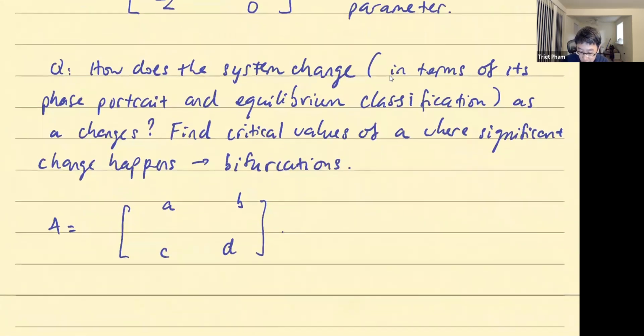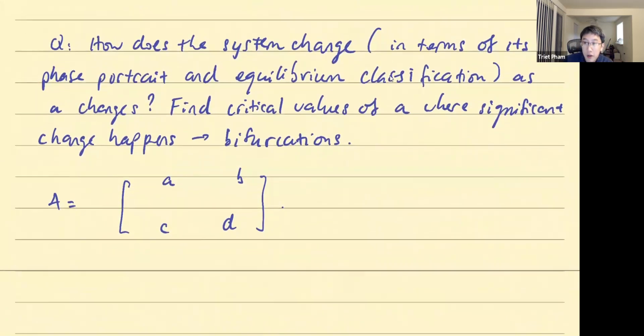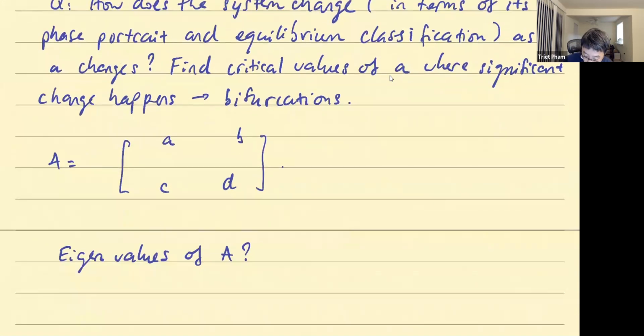So what are the eigenvalues in terms of A, B, C, D? Well, basically, you do A minus lambda times D minus lambda minus B times C is equal to 0. Okay?